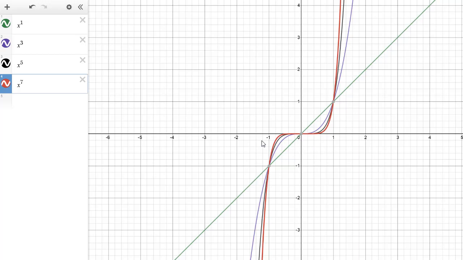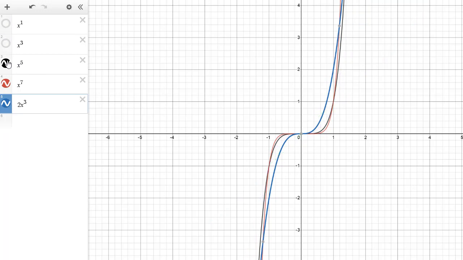And that'll hold. Okay? So with all of the symmetry that we had with the even functions, the exact same thing should hold for the odd functions. And we can test that. 2x to the 3rd. Well, what do you know? Let me turn these off so that I can see what I'm doing. Yep, still has symmetry.